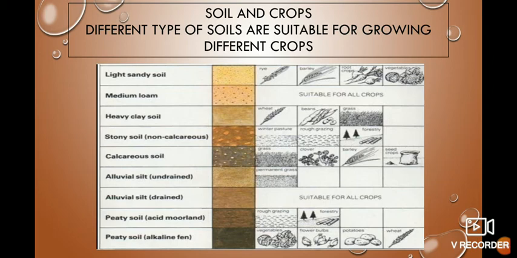But if you try to grow other crops, they will not grow there. Medium loam and alluvial are a few soils which are suitable for all the crops. You name it and you can grow it in these places. On the other hand, in clay soils, you can grow only certain plants like rice and jute.